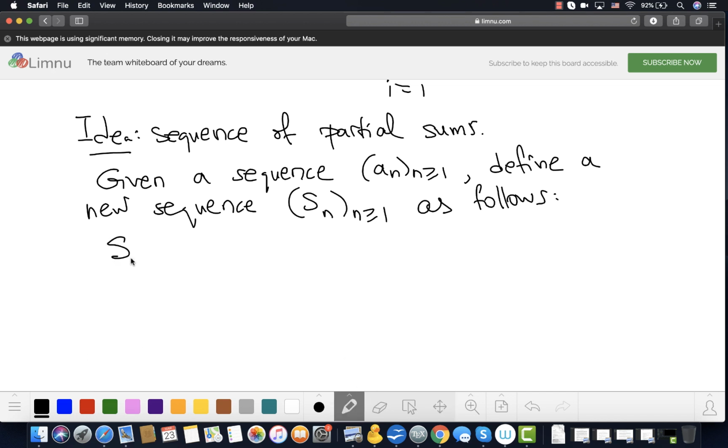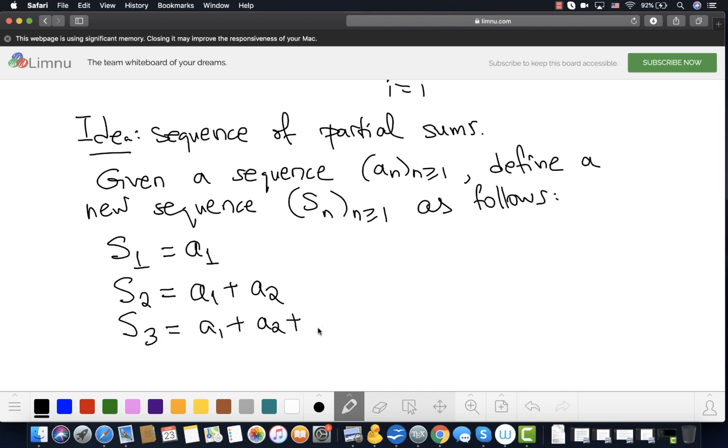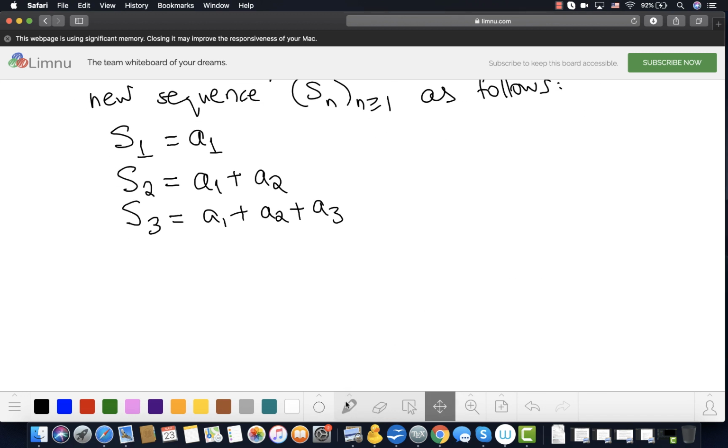So the first term of the sequence, S1, is just going to be the first term of the sequence, A1. The second term of the sequence is going to be the sum of the first two terms, A1 plus A2. So S3 is going to be the sum of the first three terms. S4 is going to be the sum of the first four terms.